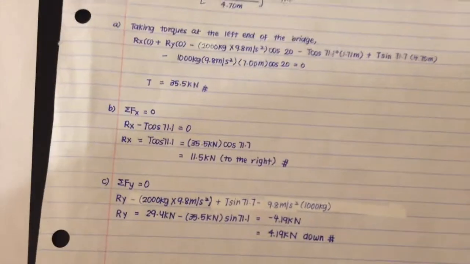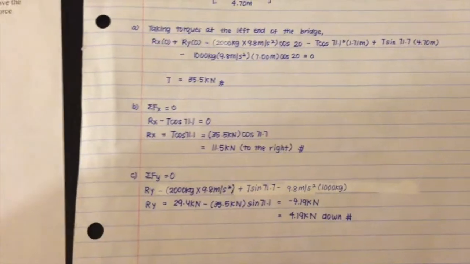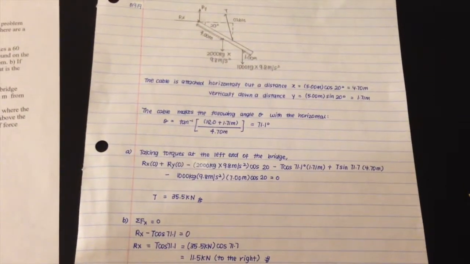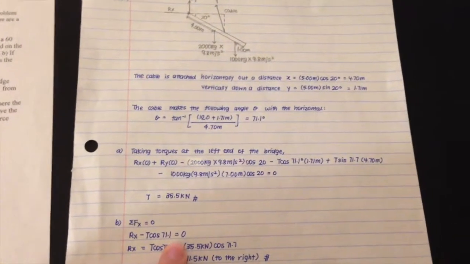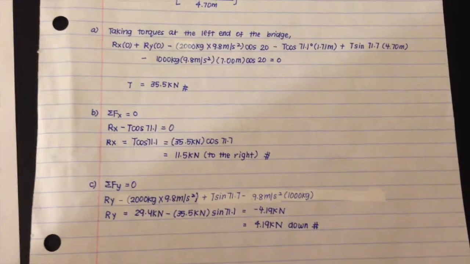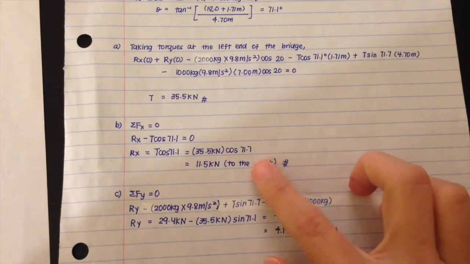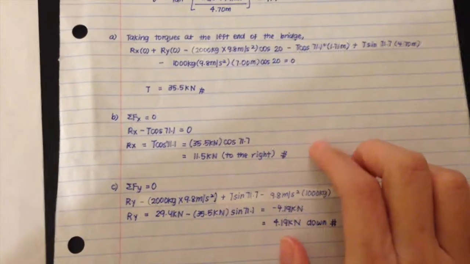To answer the second part of the question, which is the horizontal component of the force, I will set up the equation for the x-axis, which is Rx minus tension cosine 71.1, equal to 0. Based on the answer from part A, tension is 35.5 kilonewtons, I get Rx to be 11.5 kilonewtons to the right.